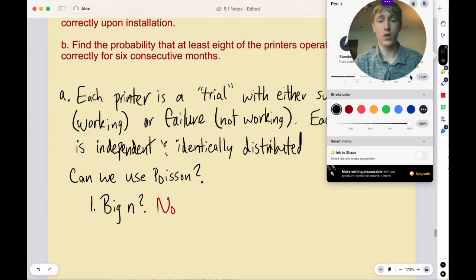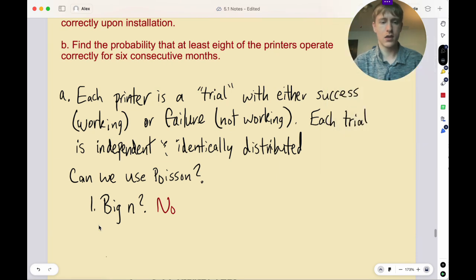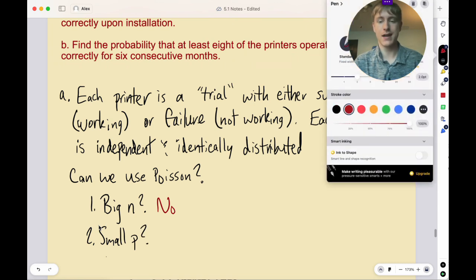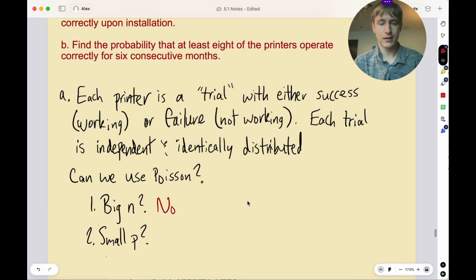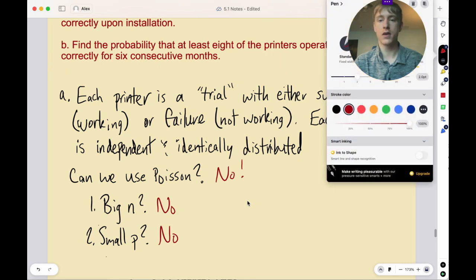Well, the other condition was that you had a very small probability of success. Okay, so do we have a small little p? And the answer is also no. 80% is not small at all. So the answer is no. We cannot use the Poisson distribution, which means we have to use binomial.